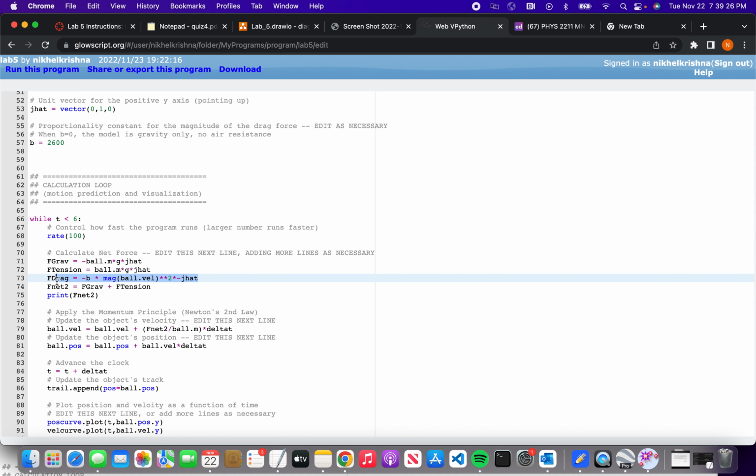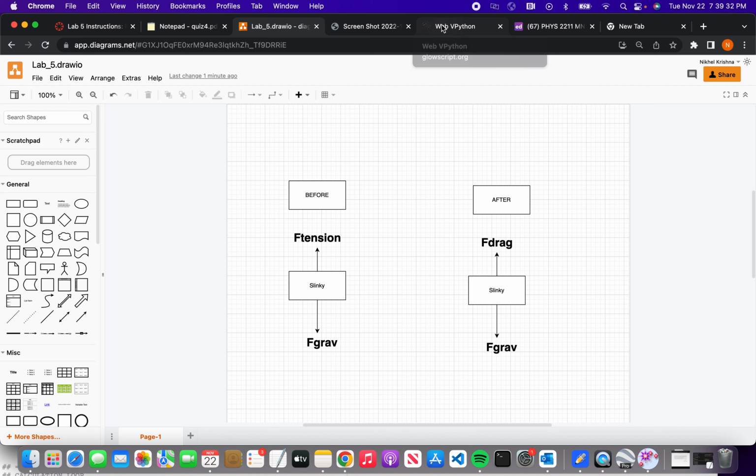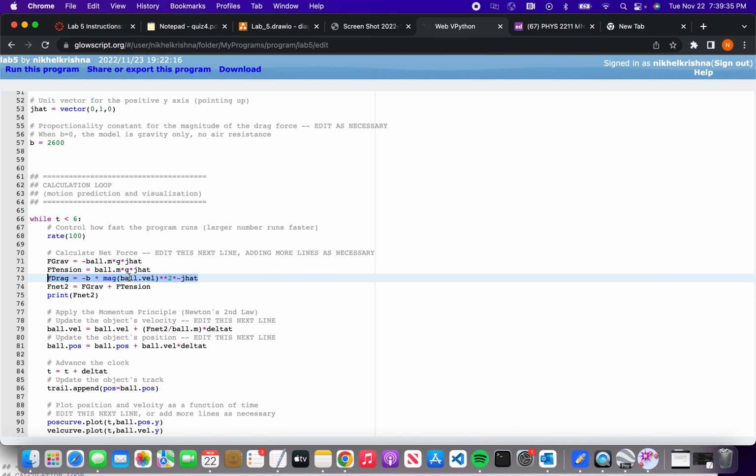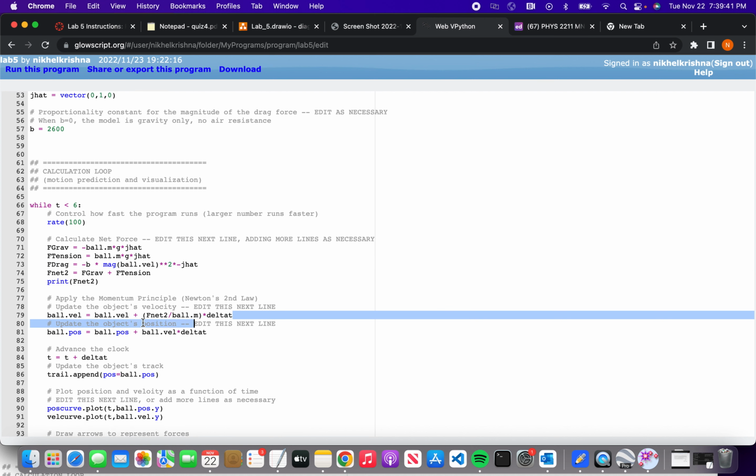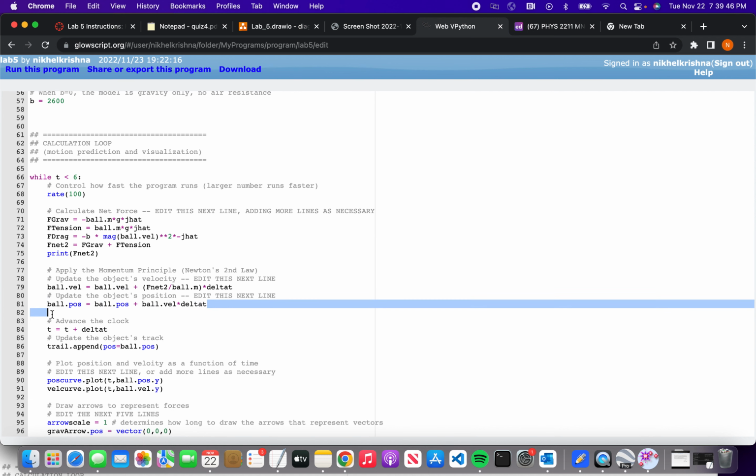We can calculate our drag force if we wanted to, but it wouldn't matter because, as you can recall from our free body diagram, the only forces at play in this stage are the gravity and tension force. Again, we use our velocity update formula from Newton's second law. We also update the position.